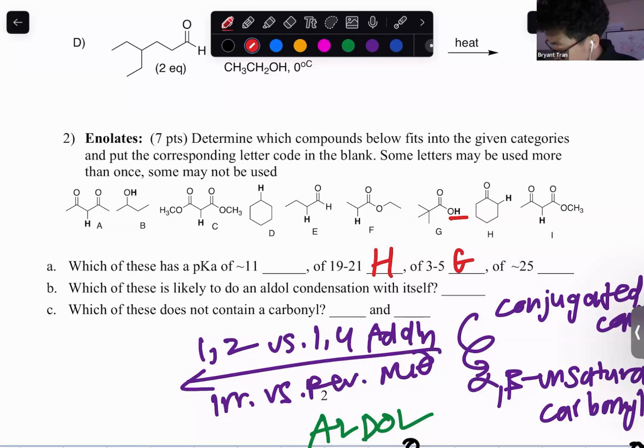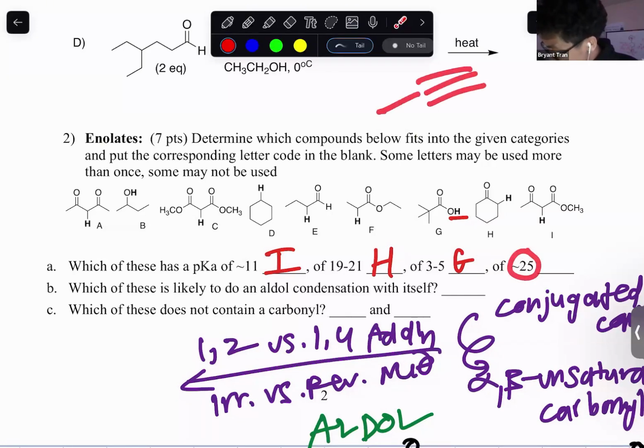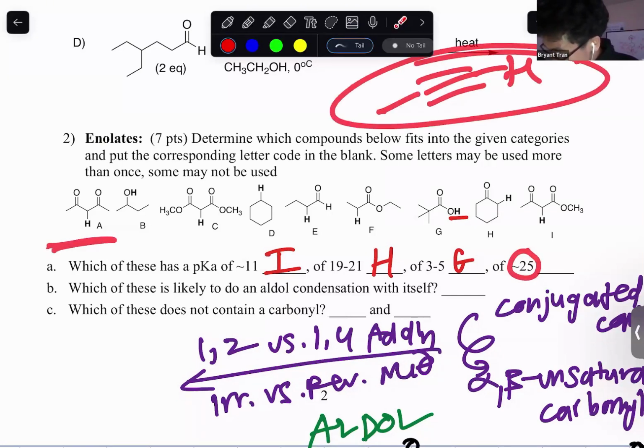Around 11 is I. Around 25, now this is found on her lecture notes. What is that? This is the alkyne one. This one I know for sure, but I can't find that here.